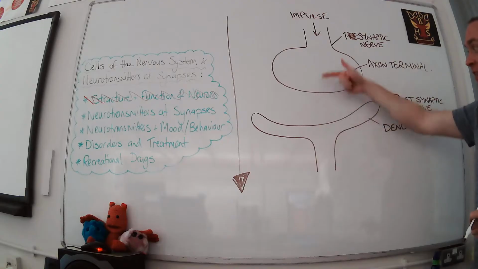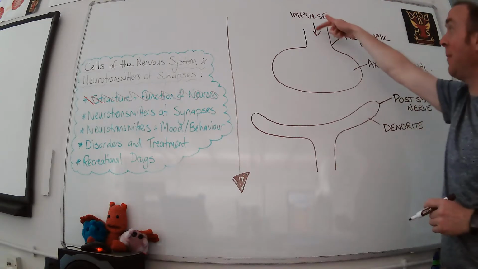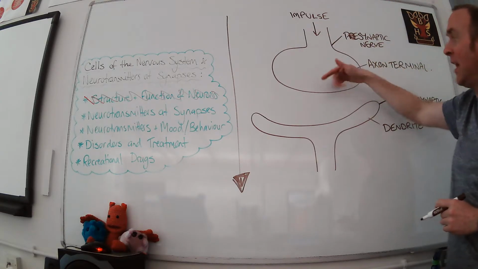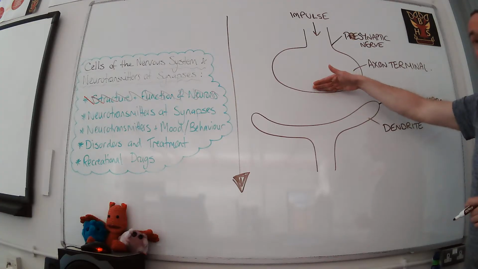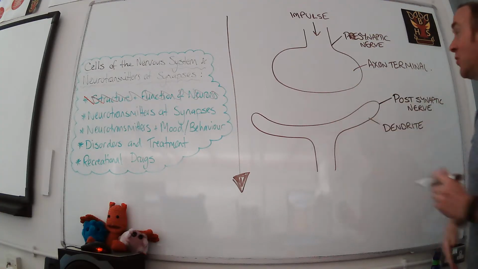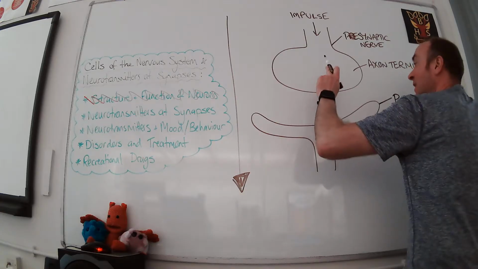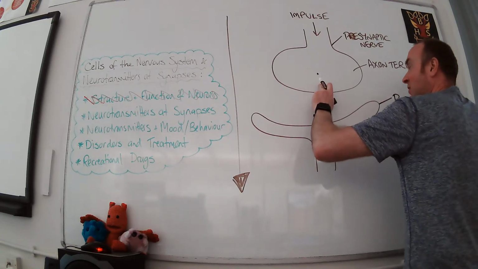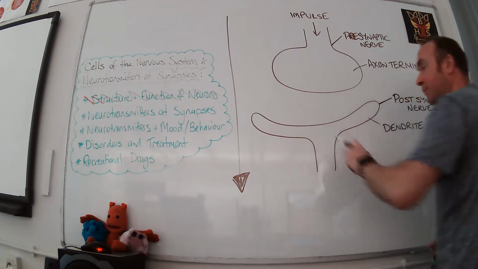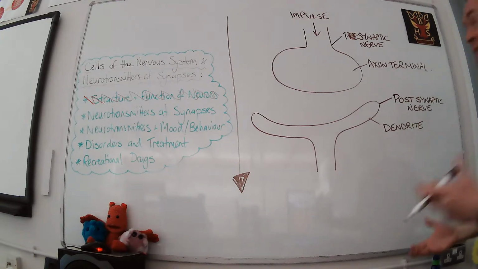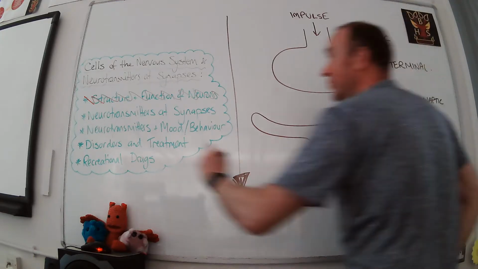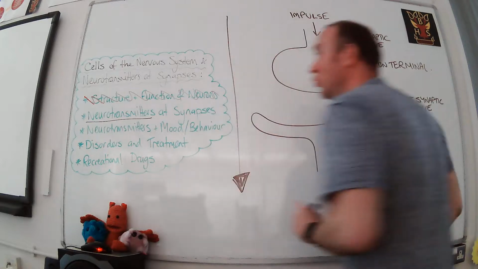It has to get across this space. And because we're talking about electrical impulses, electrical impulses can't jump across that space. So something has to happen to that nerve cell to allow the signal to be passed to that one. And it absolutely does. That's exactly what happens. We use a chemical called neurotransmitter.